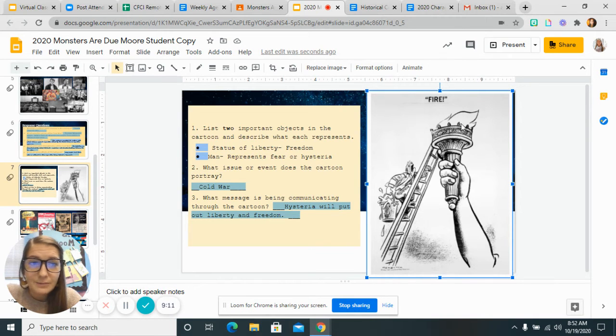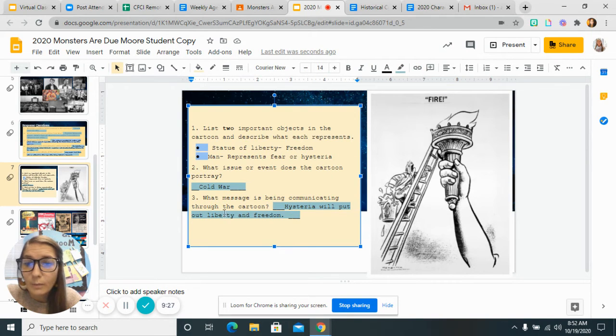And so he's going up to the top of the Statue of Liberty yelling fire with a bucket. This kind of symbolized the hysteria of Americans towards communism. And almost in a way, the message is hysteria will put out our liberty and freedom.